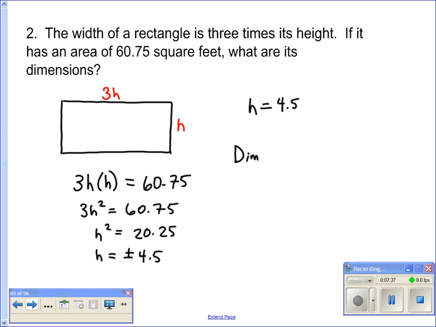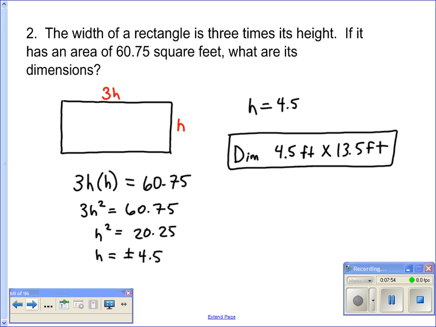So that means that the dimensions are going to be 4.5 feet by 13.5 feet. And this would be the answer. And don't forget to go back and read your question and make sure that you are answering the question with these word problems. It's saying what are the dimensions, and we have given the dimensions in this case.